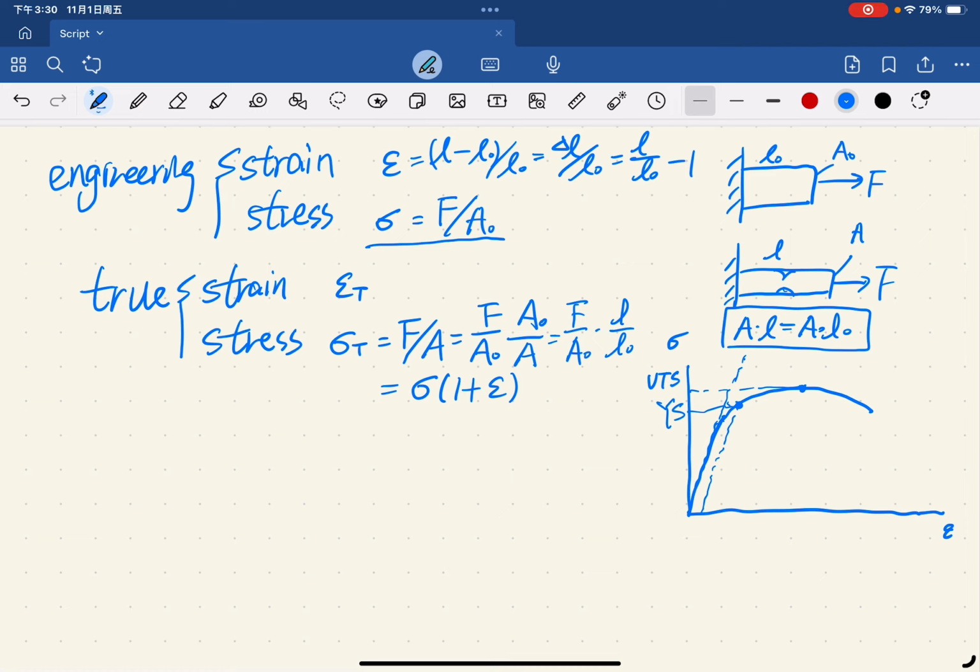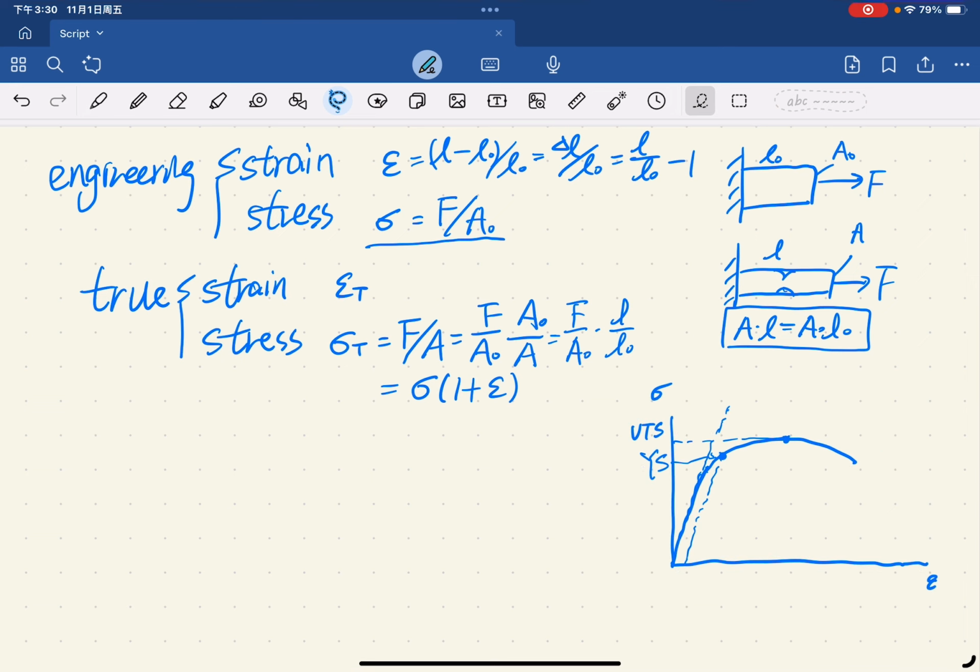And with true stress and true strain, we can have a more direct understanding of the change of the properties. So put it down a bit.